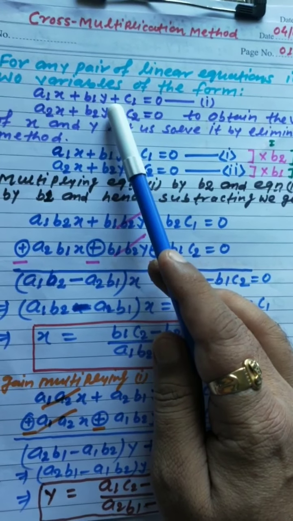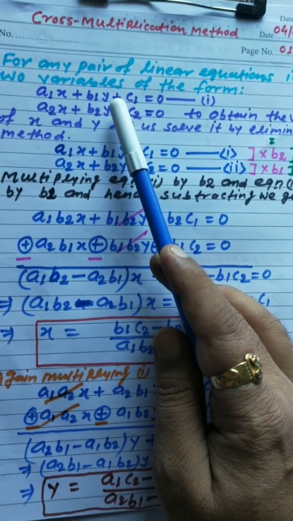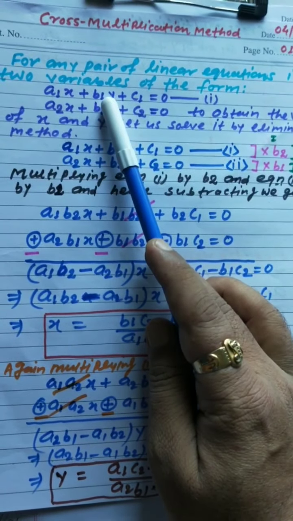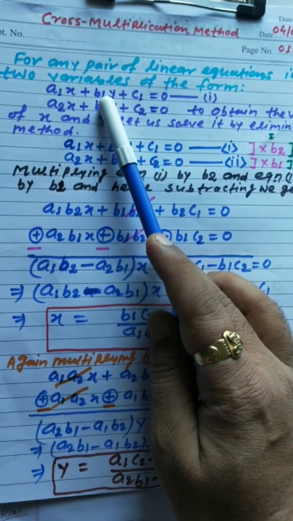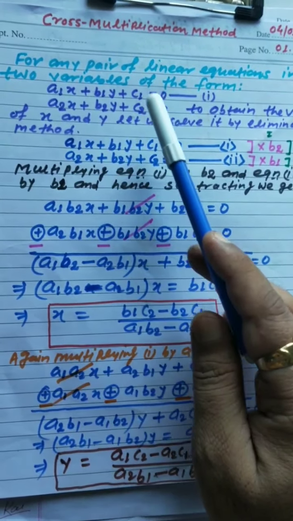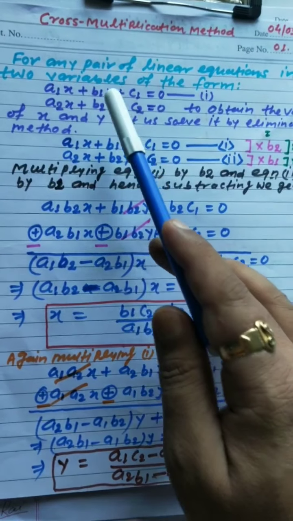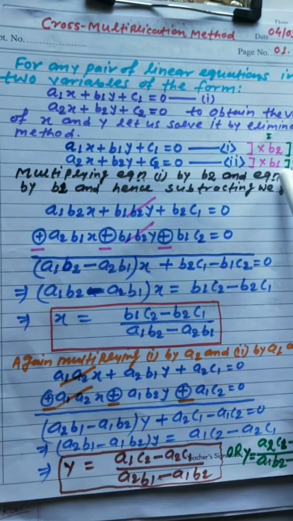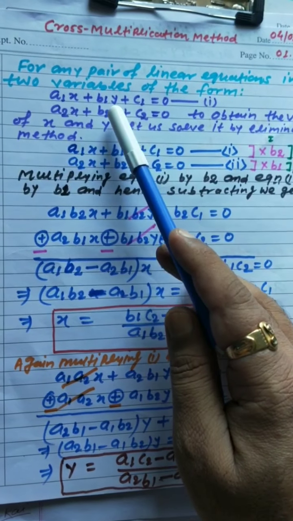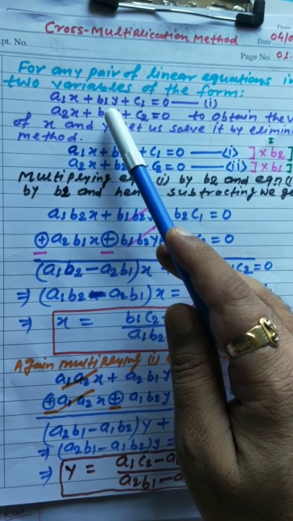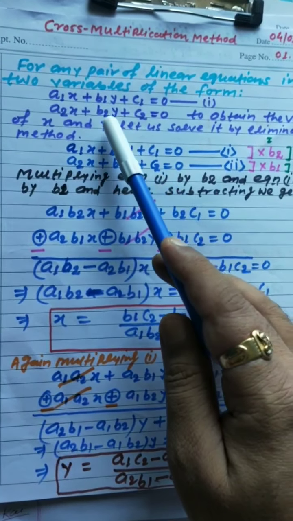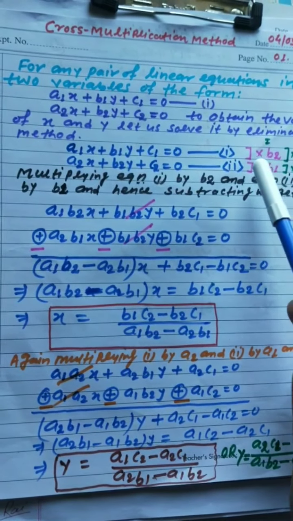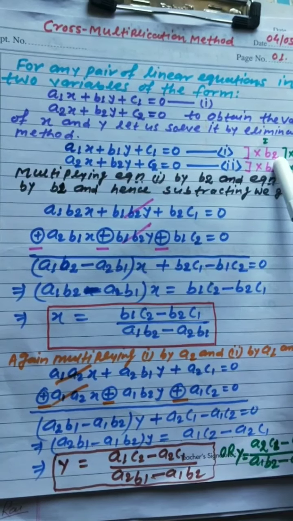if we are going to eliminate y, the coefficient of y in equation first is b1, so equation second is multiplied by b1, and the coefficient of y in equation second is b2, so equation first is multiplied by b2.